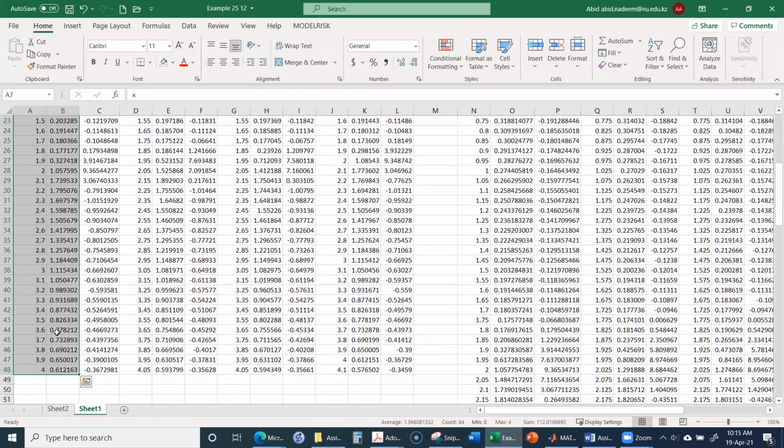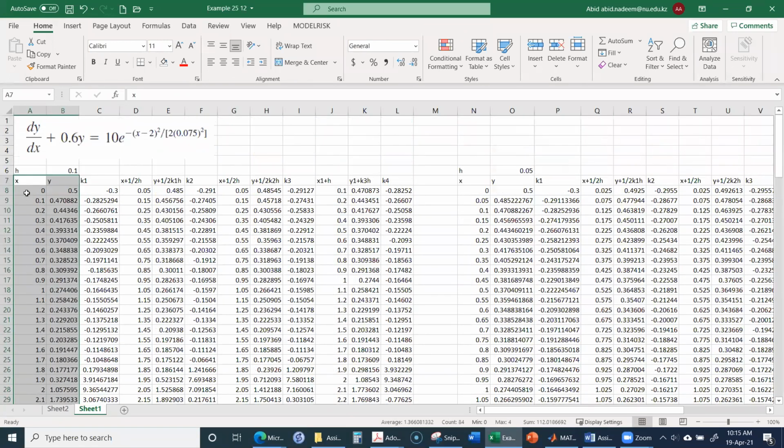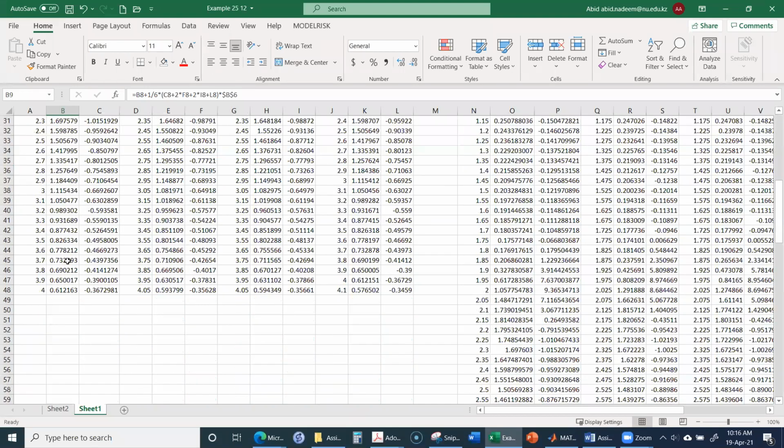You can see that the values start from x equal to 0 and y equal to 0.5, and then start decreasing gradually.